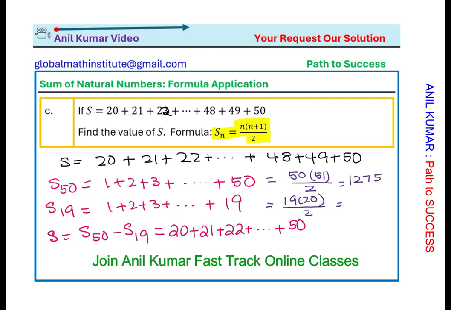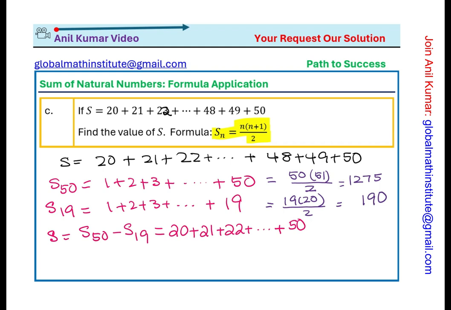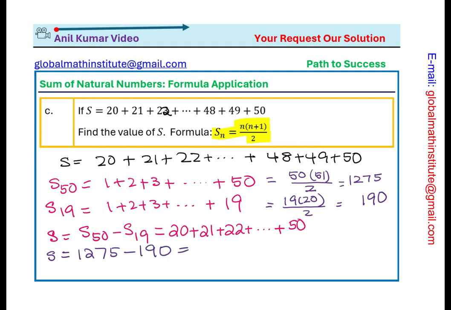Correct? And 19 times 20 by 2, divide 20 by 2, you get 10, it gives you 190. So this sum should be equal to 1275 minus 190. Makes sense, right? And when you do that, you get 1085 as your result.